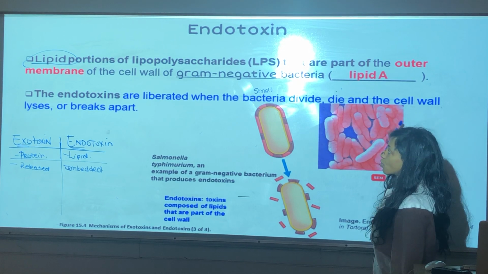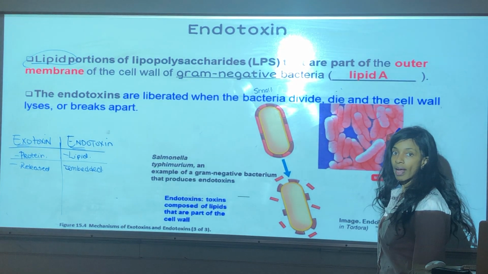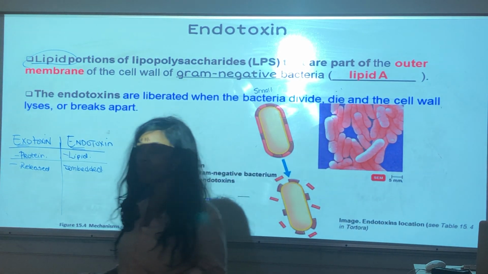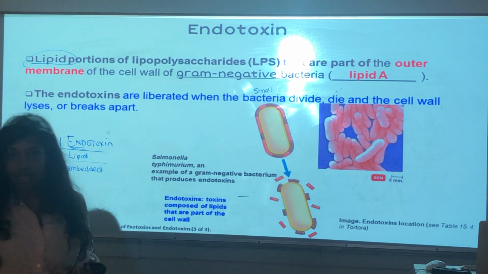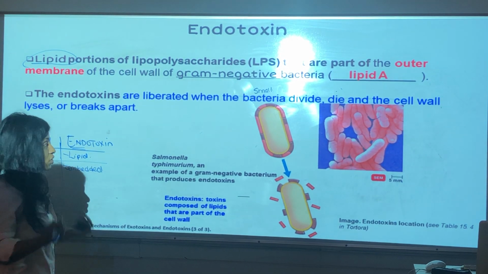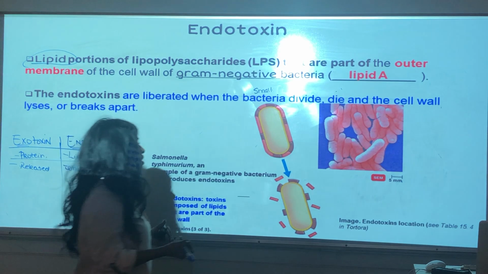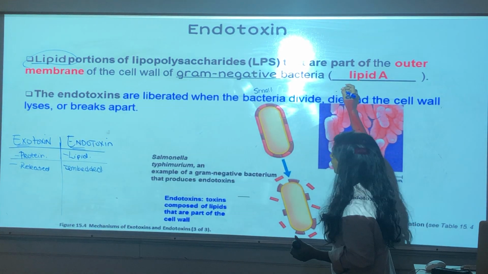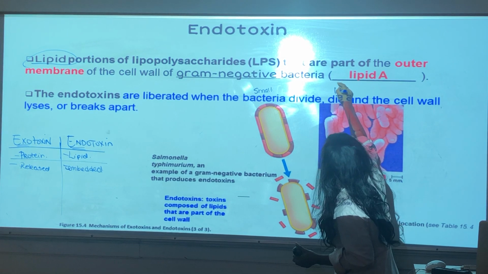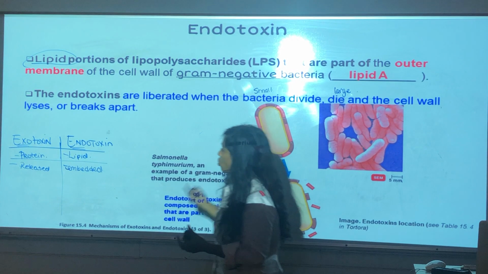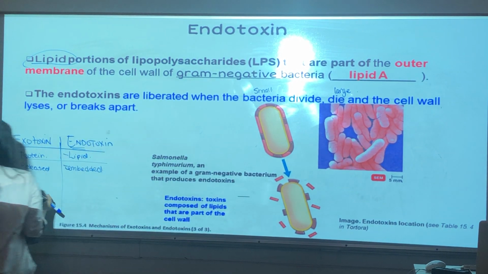When will the gram-negative cell die? It will either die because the phagocytes are eating it, or maybe it doesn't have enough nutrients to survive anymore, or maybe you're taking some sort of medication. Dying will release larger amounts of the lipid A. When they divide, small amounts are being released.